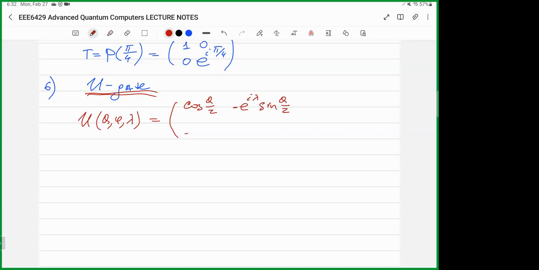Then e to the power of i phi sine theta over 2. And finally e to the power of i (phi plus lambda) cosine theta over 2.